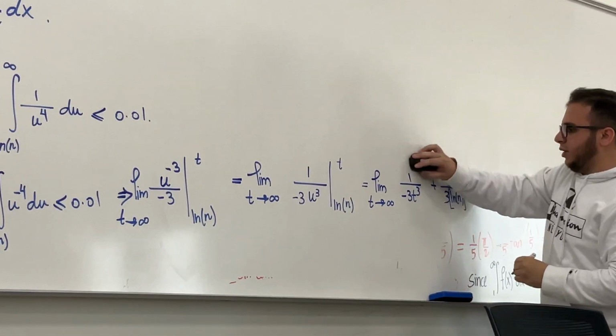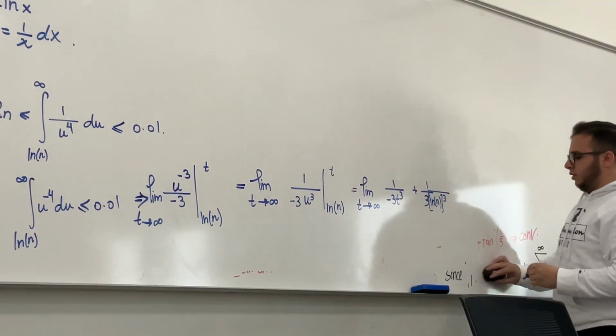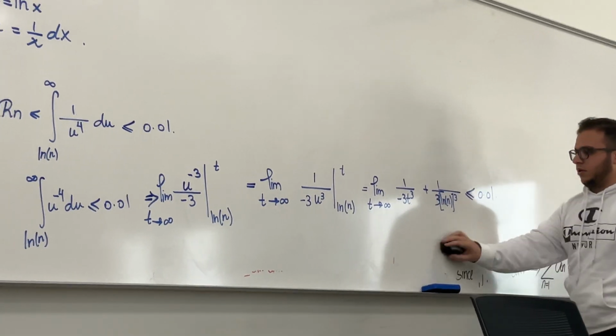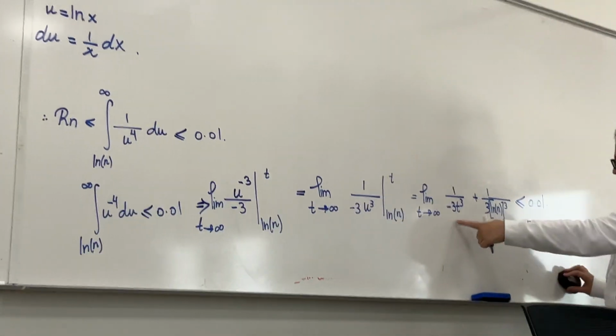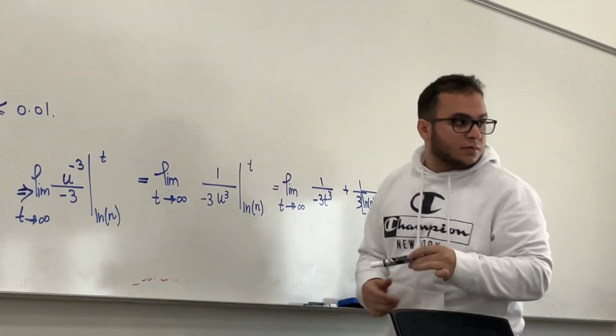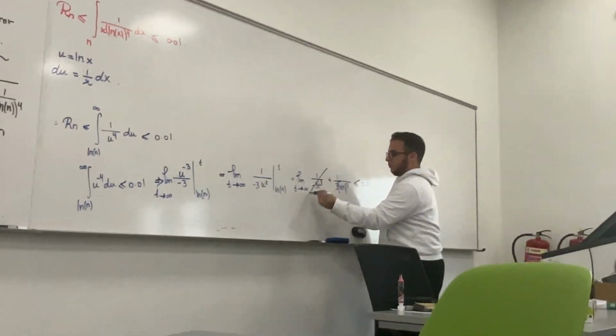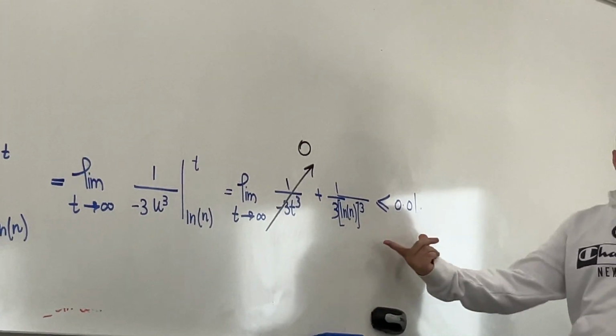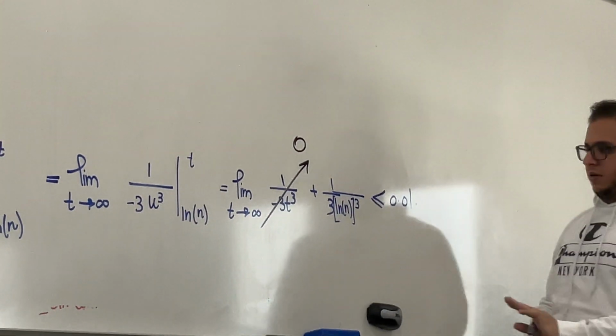And all of this number has to be what? Less than 0.01, right? Okay. Plug in the infinity. What do you get? 0. Be careful here. Here you need to be a little good with algebra. Okay?